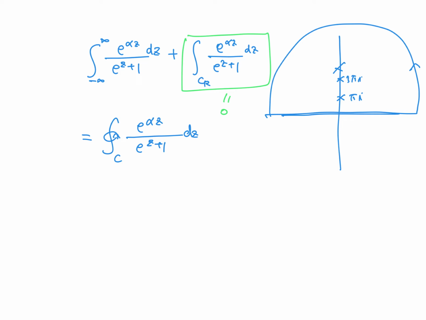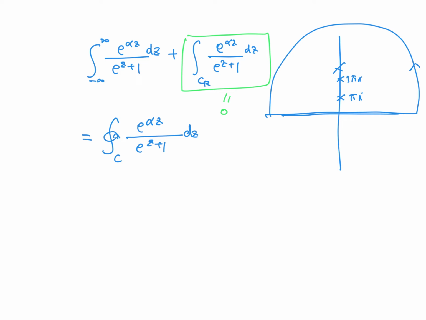Okay, thank you. So what we have just done is we have an original integral. You add simply something that is 0, which is basically the round integral on the curve C_R, and then make it a complex closed integral.